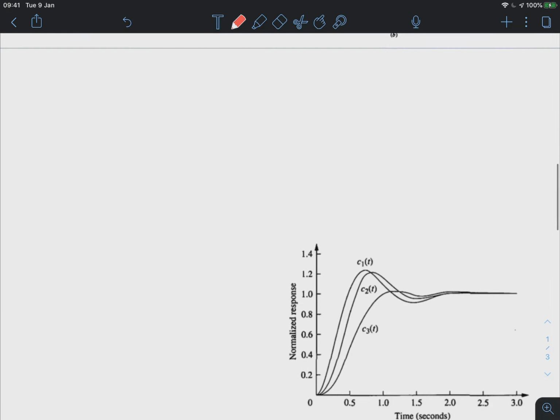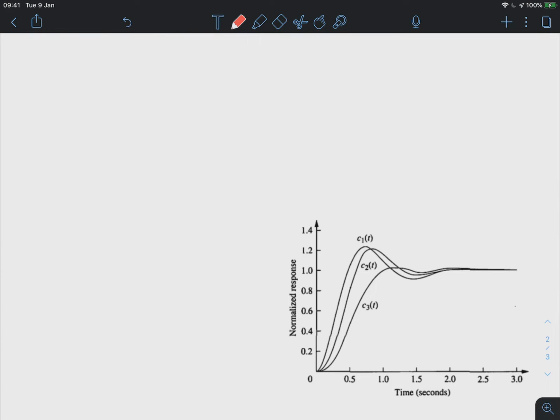Just to better understand the scenario, let's consider three transfer functions. I'm considering example 4.8 from one of the textbooks by Norman Nise. So we have T1 as 24.542 over s square plus 4s plus 24.542.